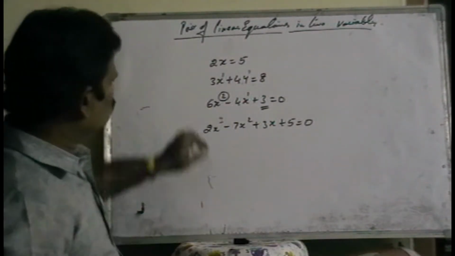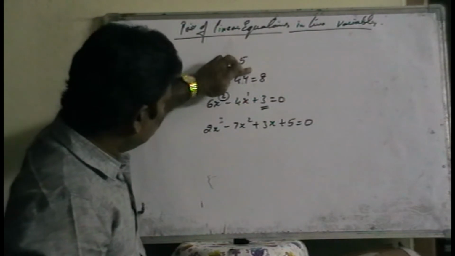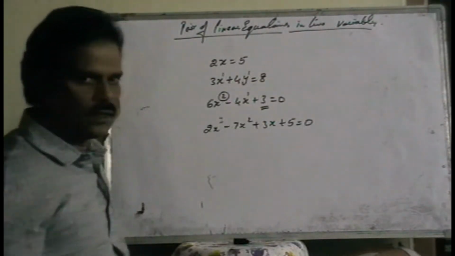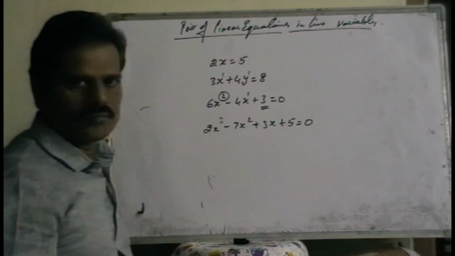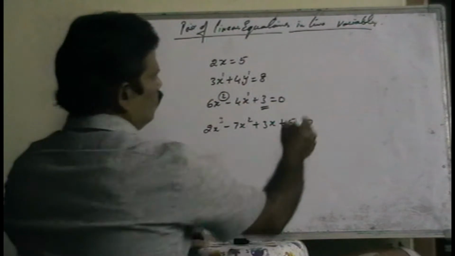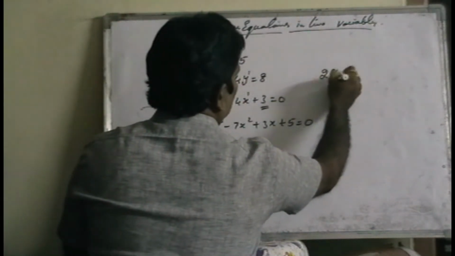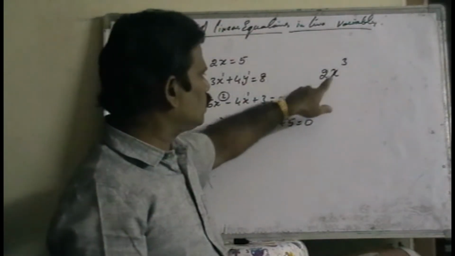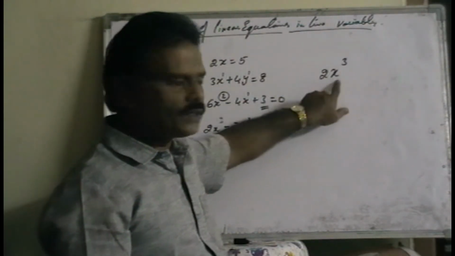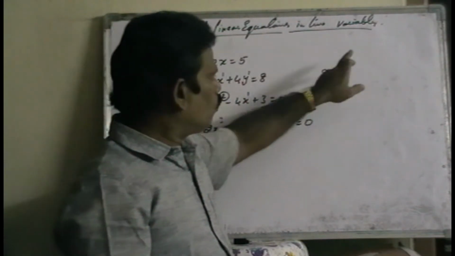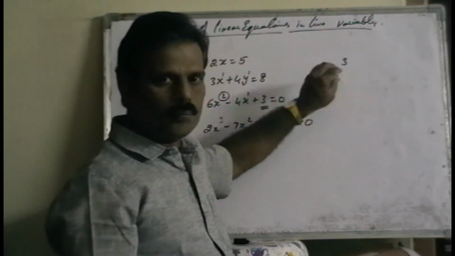Now, first of all, in these equations, if the power is only 1, it is also called first degree. Okay? The degree of the expression. Actually degree means what? Suppose 2x cube. Here in 2x cube, 2 is the coefficient of x cube. Now what is x? x is the base.